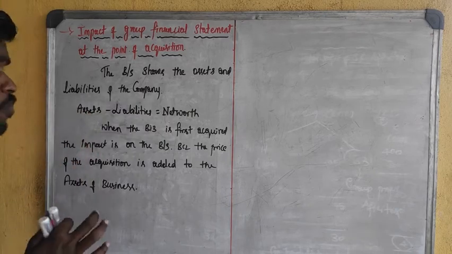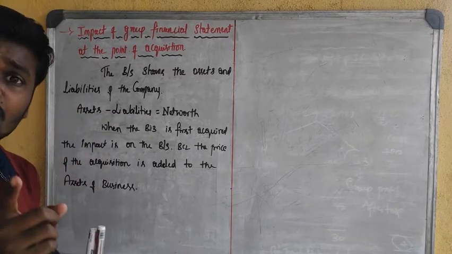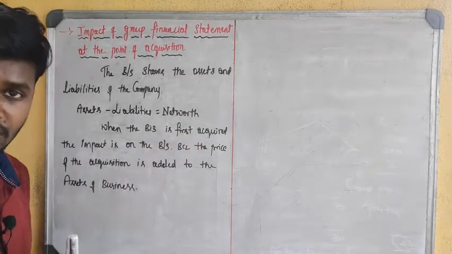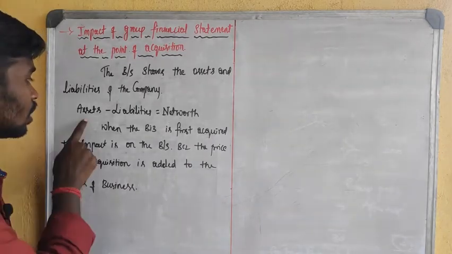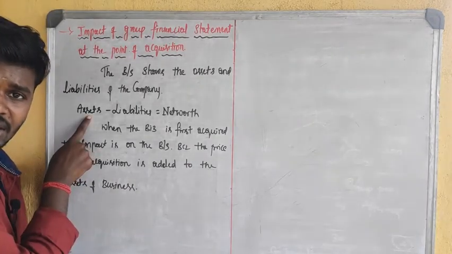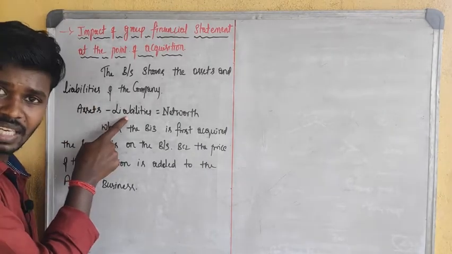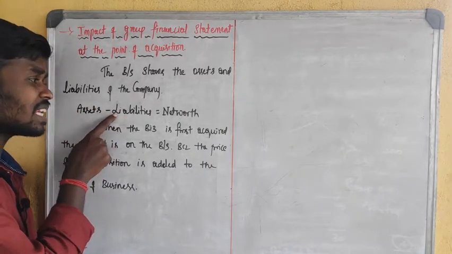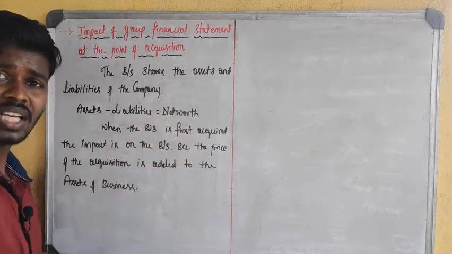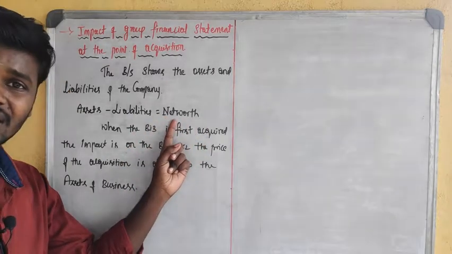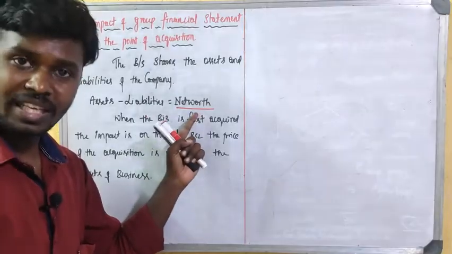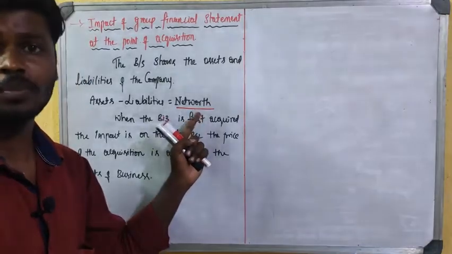Okay, see, I have already given the assignment related to calculation of the net worth, that is owner's equity. So first we have to identify and calculate the assets, and then we are going to identify the liabilities. Then assets minus liabilities, you will get the total net worth. So it indicates the owner's equity, that is ownership equity.